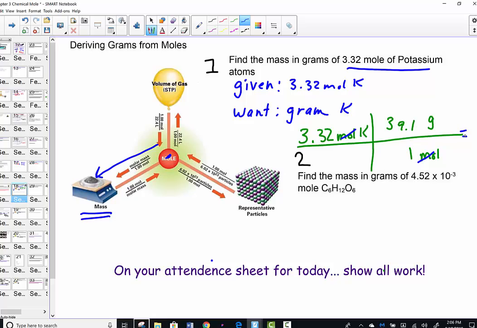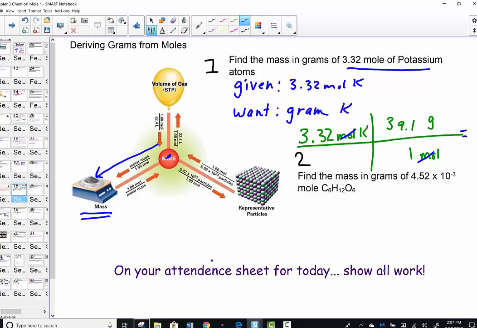I'm going to just simply multiply moles times molar mass to come out to a gram. Whenever I'm heading out of the mole map, I multiply. I don't care if I go north to the volume, down here to counting, or down to the scale. When you head out from the center, you multiply. And we'll soon see one where we go in means to divide.